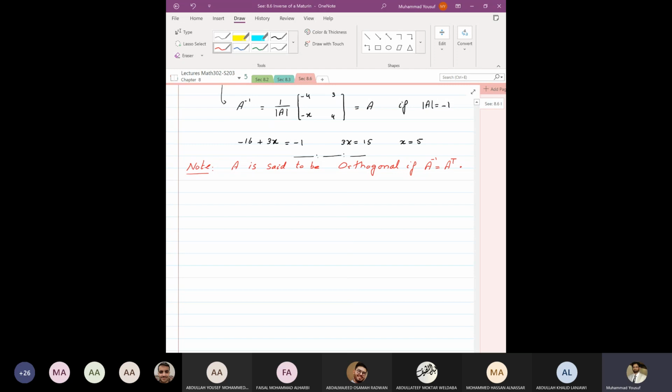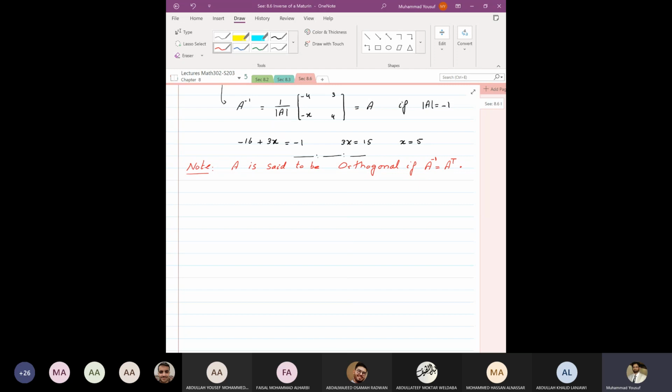If A inverse is equal to A transpose, we call this matrix an orthogonal matrix.